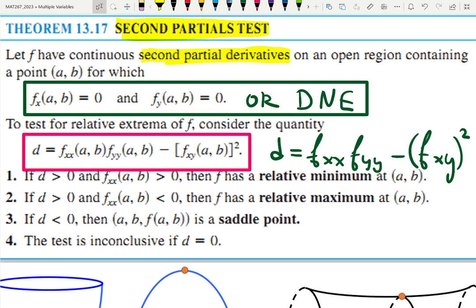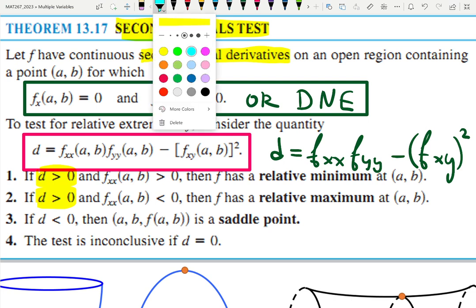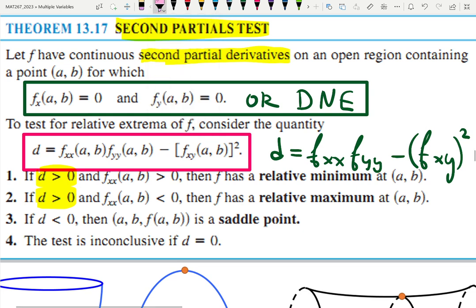And then the most important thing is to check the sign. Just like in calculus 1, we're checking signs of test points. Here we're going to be checking the sign of this D. If it's positive, then we don't know yet. It's positive in two different cases. It might give you a minimum or a maximum. If D is positive, then we need to check the sign of fxx. If fxx is positive, then it's a minimum.